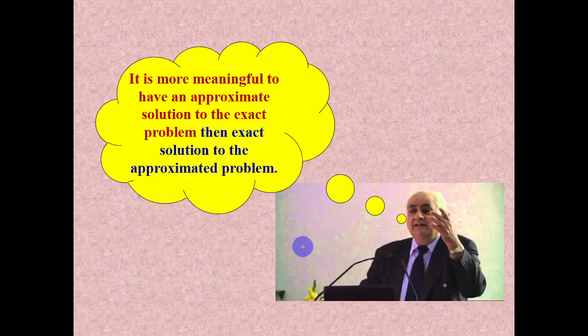This is engineer V.K. Raina. If you know the meaning, his quote is wonderful: it is more meaningful to have an approximate solution to the exact problem rather than an exact solution to the approximate problem. Otherwise our problem itself is wrong, or we have not idealized the model well based on engineering judgment.